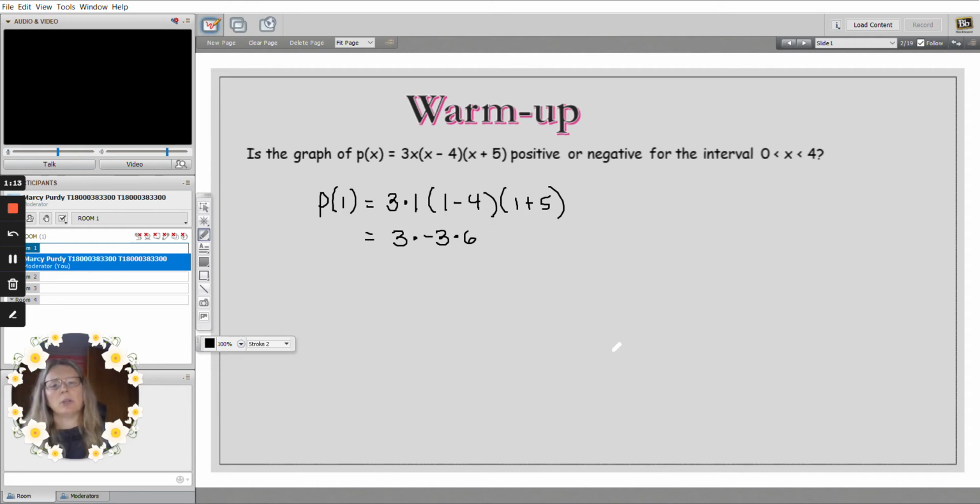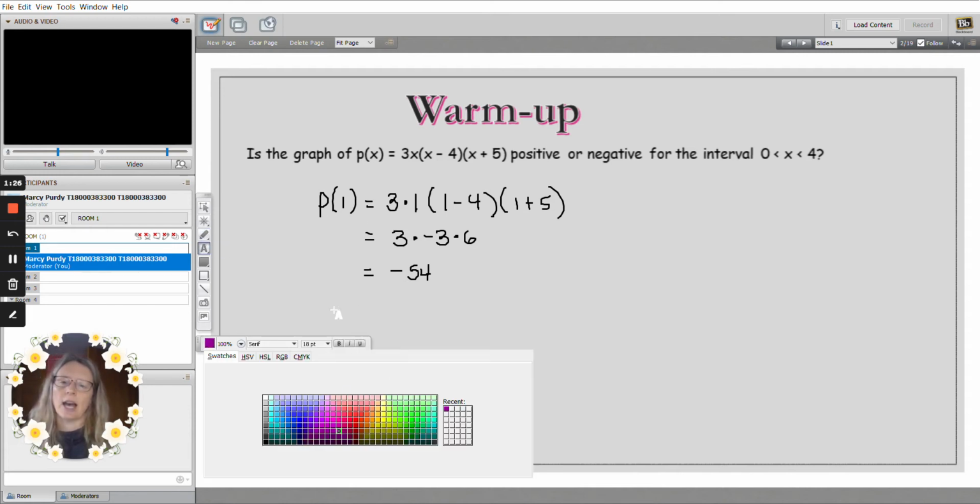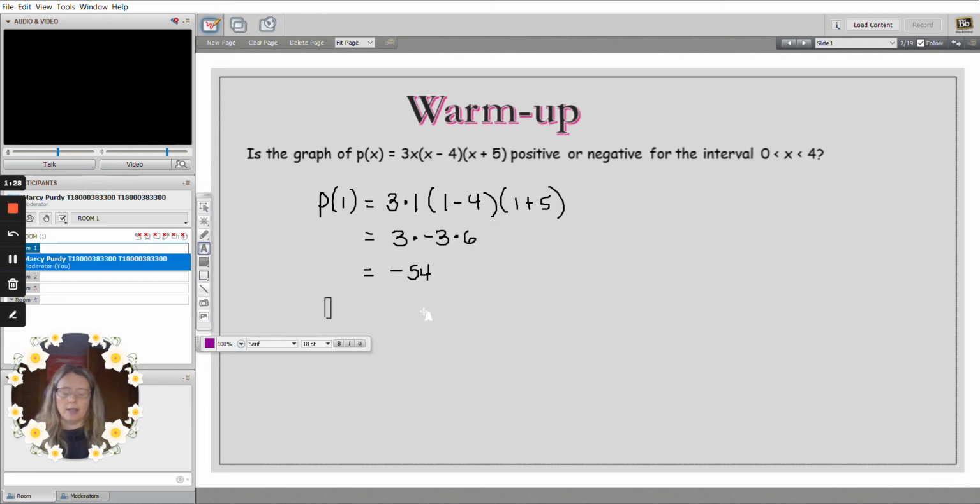And you can tell when you multiply a positive times a negative times a positive, you're going to end up with a negative. And if we want to actually know what it is, it's negative 54. So since we ended up with a negative number, that tells us that the graph is negative for the interval.